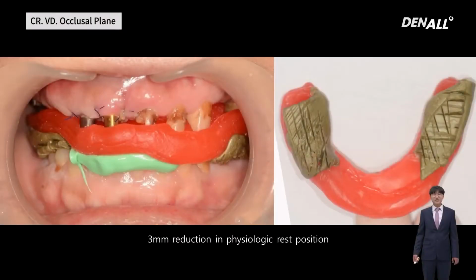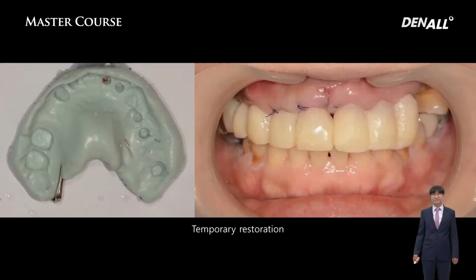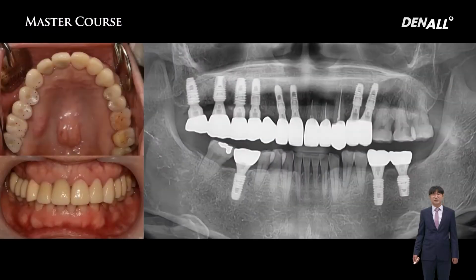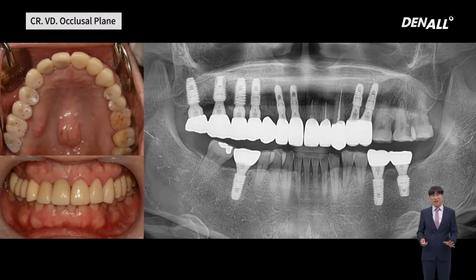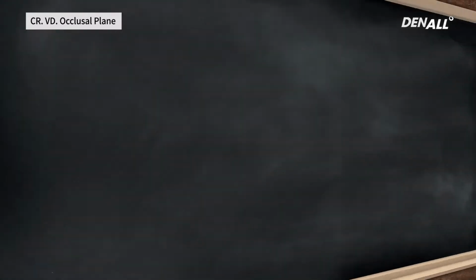Aluwax was used for further adjustment. Interjaw relation was obtained after 3 millimeter reduction in physiologic rest position. Temporary restoration was completed. The final restoration was completed. You will be able to learn accurately how to find the VD at the physiologic rest position in the master course through hands-on.